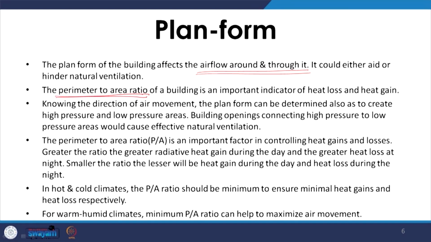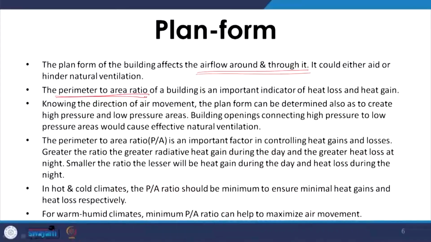Perimeter to area ratio also relates to surface to volume ratio, not exactly the same, but directly proportional. We are looking at the perimeter to area ratio because it is an important indicator of heat transfer. It could be loss or it could be gain. So, these are the two reasons because of which we talk about the plan form.